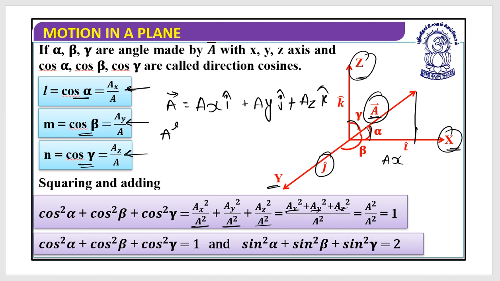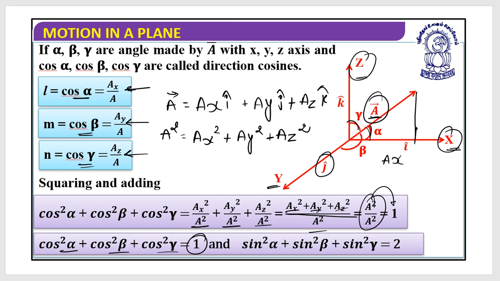So if I take the square of this, A square is Ax square plus Ay square plus Az square. So it is Ax square plus Ay square plus Az square divided by A square, so it's A square by A square, and this is equal to 1. So cos square alpha plus cos square beta plus cos square gamma is equal to 1.